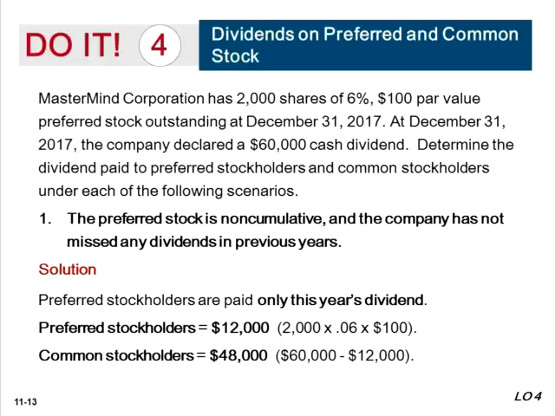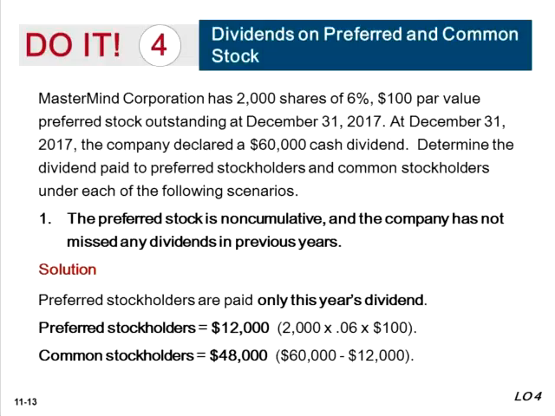The preferred stock is non-cumulative, and the company has not missed any dividends in previous years. So when we say it's non-cumulative, it means that if there were dividend payments missed in previous years, the preferred shareholders are not going to get them. They're only going to get current year dividends.